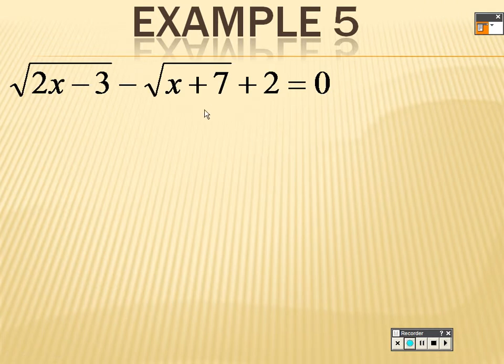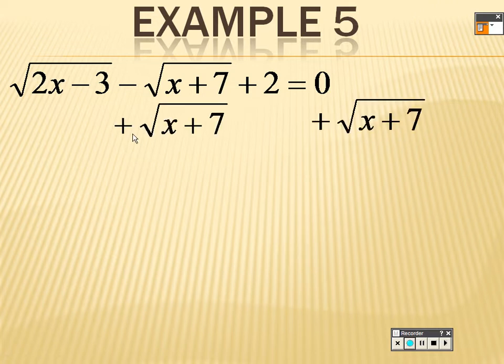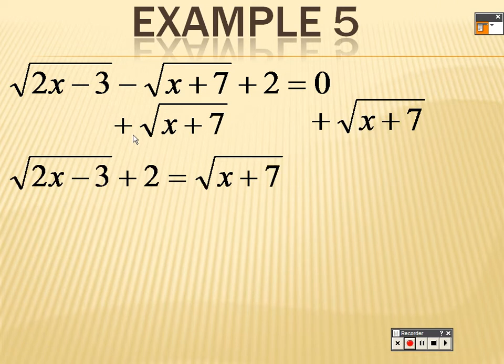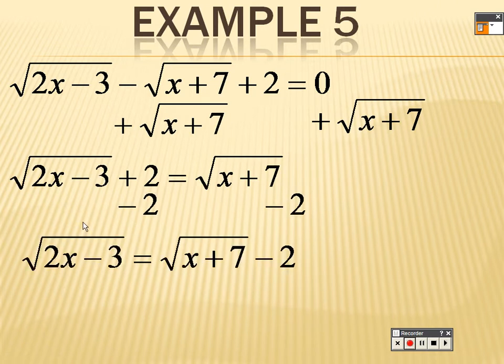Example 5. These are the more challenging ones, but just like before, you want to get one root on one side all by itself. So to make this as simple as possible, I'm going to add that root over to that side. Okay. And I'm going to subtract that too, because now I have this root all by itself. If I wanted to, I guess I could have squared right there because that root was already by itself, but you want to get one square root by itself.